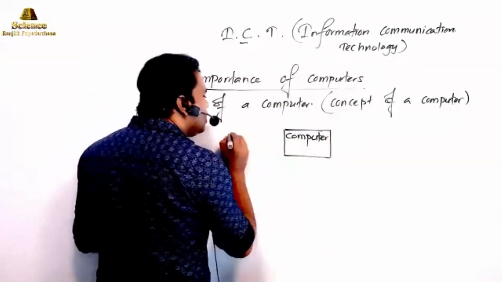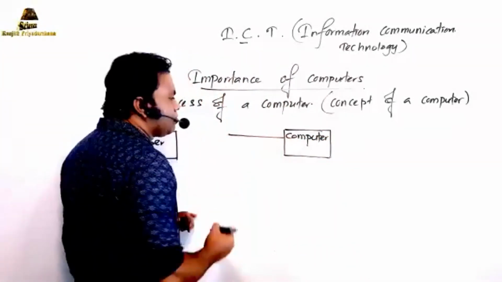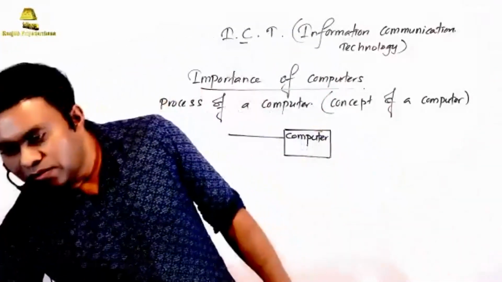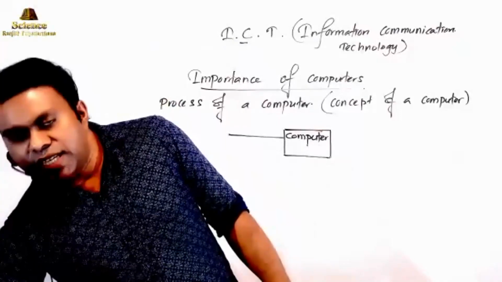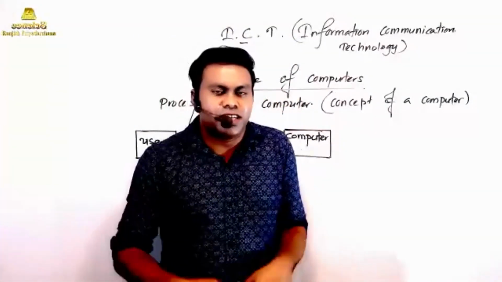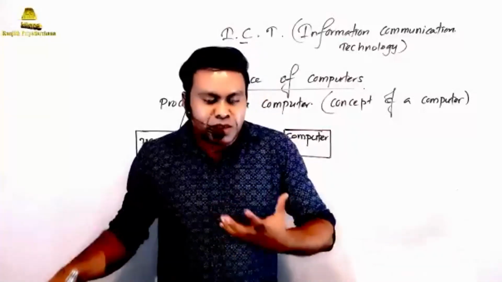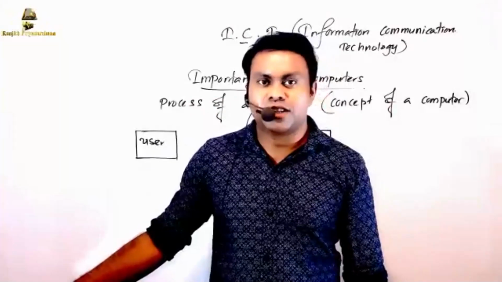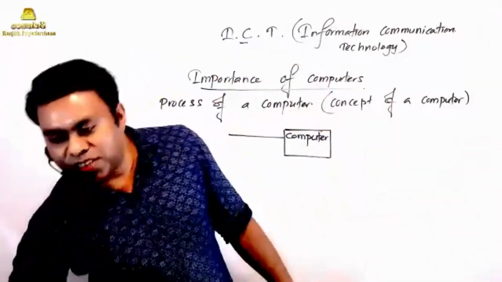What we give to this computer? අපි මොනවද පුතා computer එකට දෙන්නේ? What we give? We give data and instructions. අපි computer එකට කියනවා data and instruction එකට දීලා මේ data ටික මට ඕන විදියට හදලා දෙන්න කියලා. Okay? සැකසුමක් කරන්න. We have to process that.